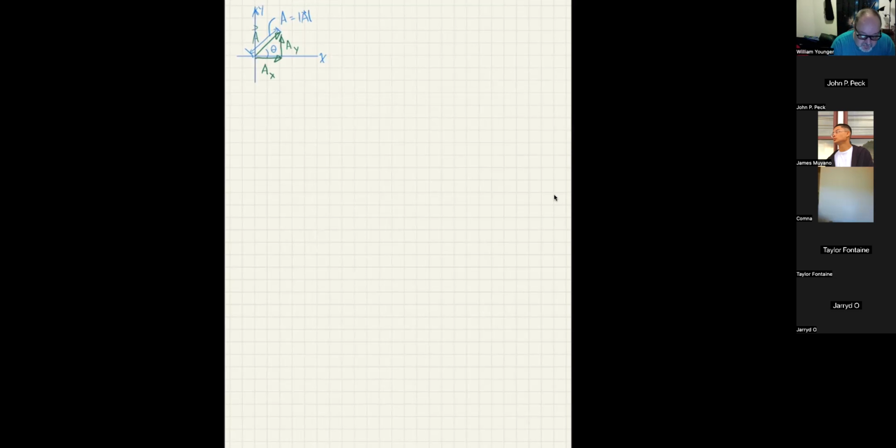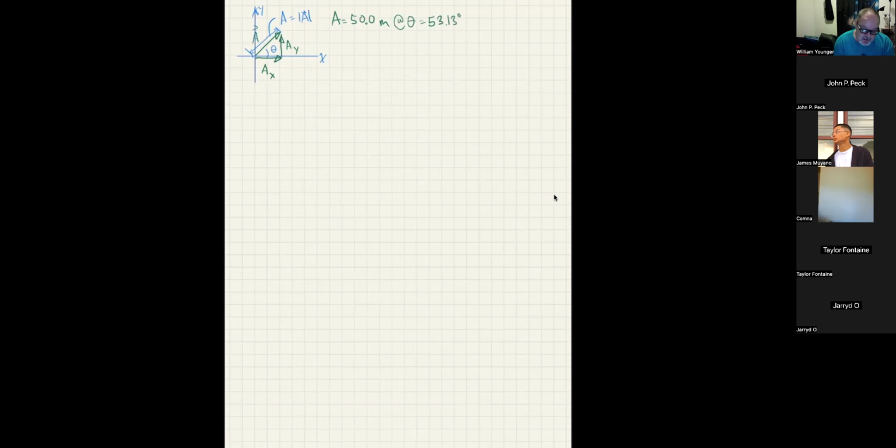So let's say, just for argument's sake, that A is actually equal to 50.0 meters. And let's say, for instance, that this angle theta is 53.13 degrees.